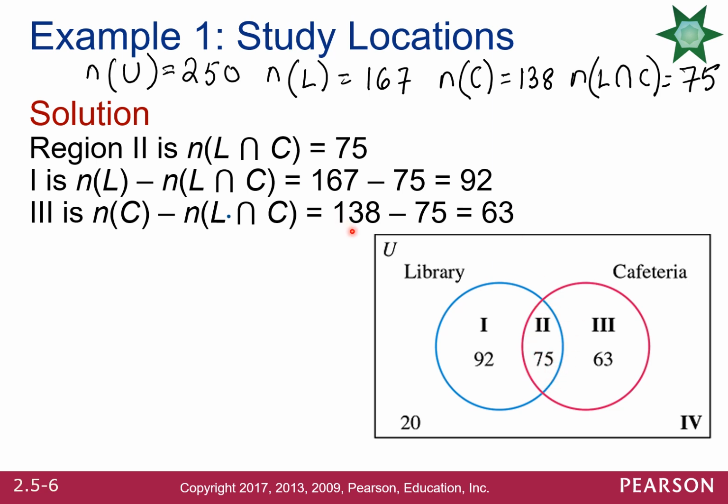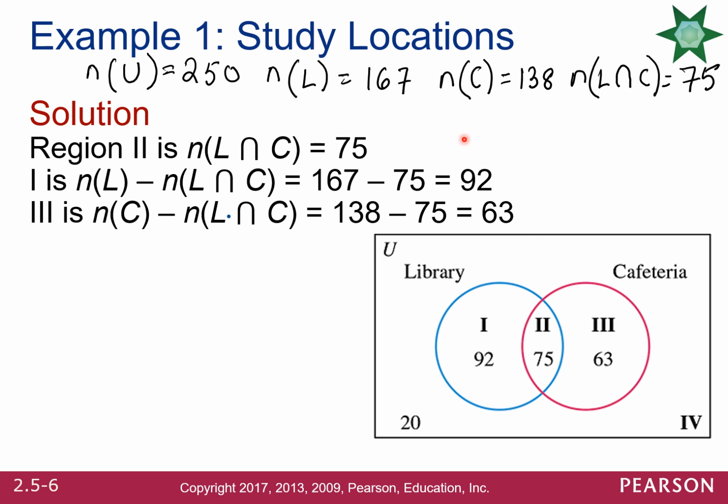So 138 minus 75 is 63, and that is the number of students who study just in the cafeteria. They never go to the library, they just study in the cafeteria always.